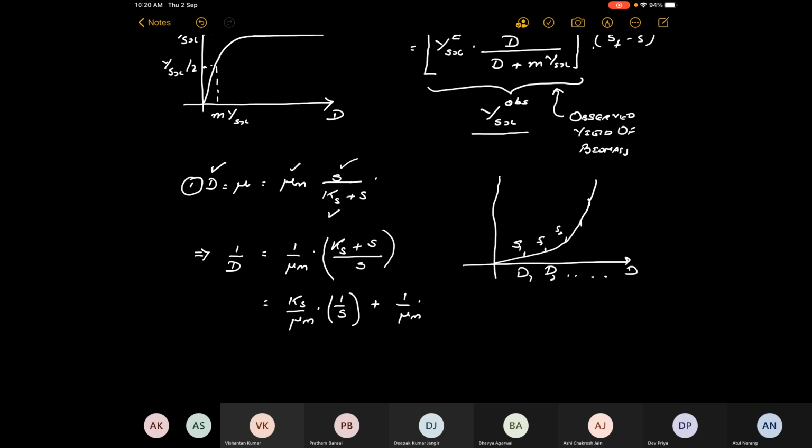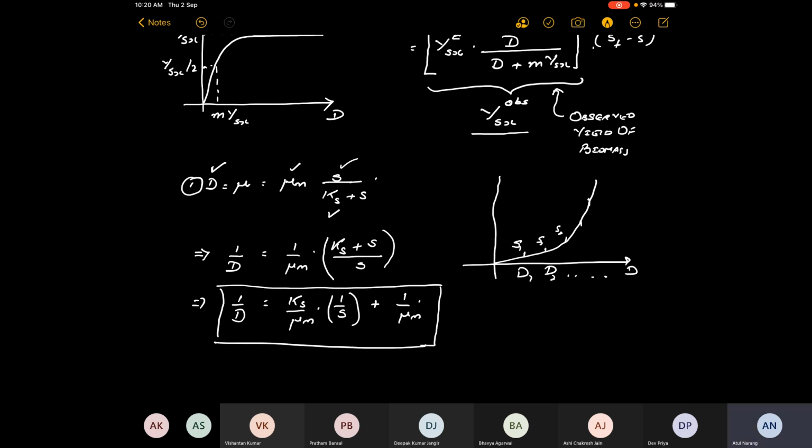So the relationship is 1 over D equals Ks divided by mu m multiplied by 1 over S plus 1 over mu m.